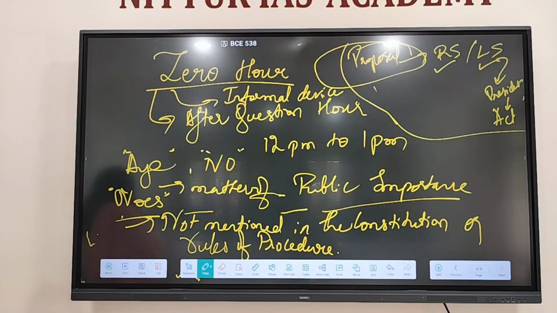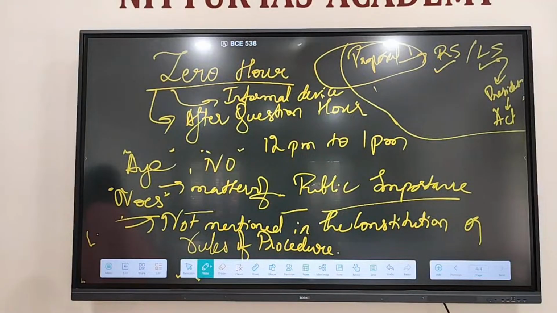B, by distributing ayes and noes slips in the house. Full stop.